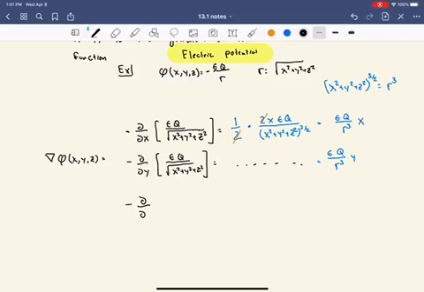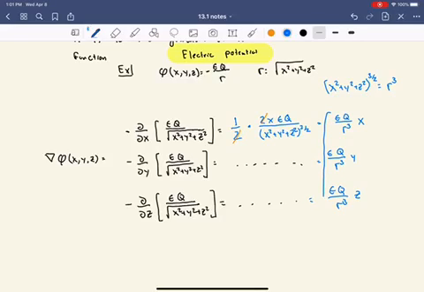Negative partial with respect to z of epsilon q over square root of x squared plus y squared plus z squared equals epsilon q over r cubed z. Let's put that in a vector, and we're good to go.